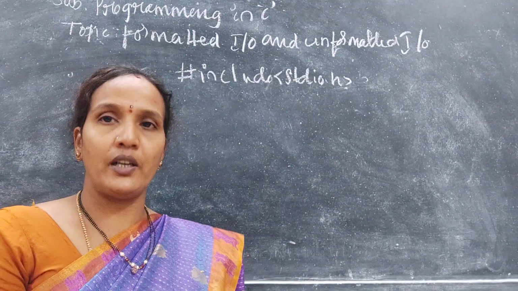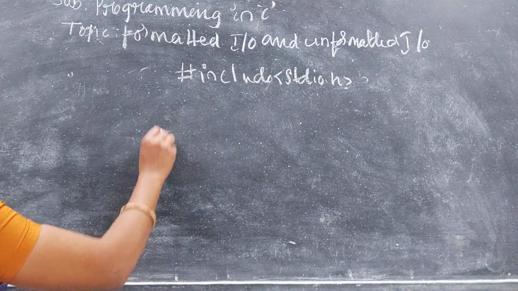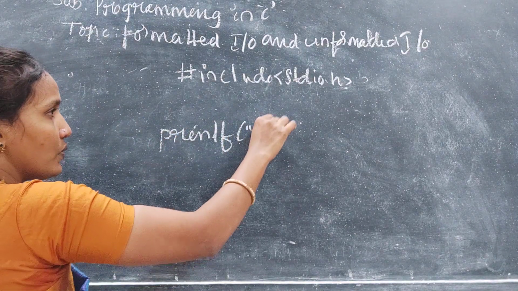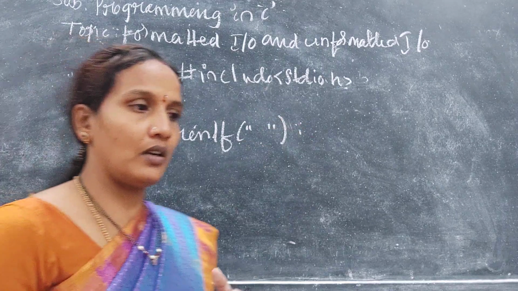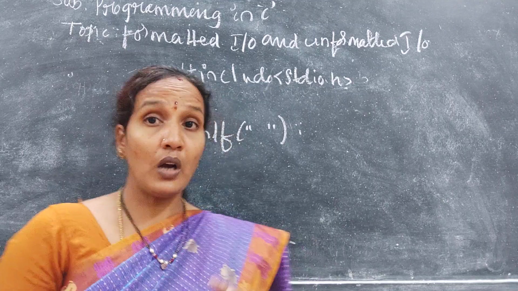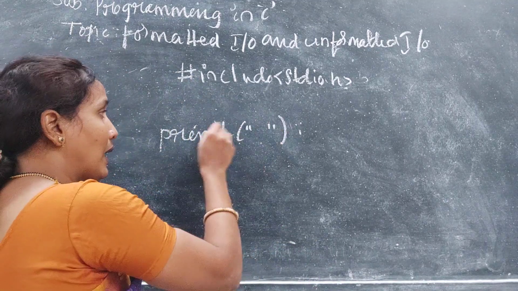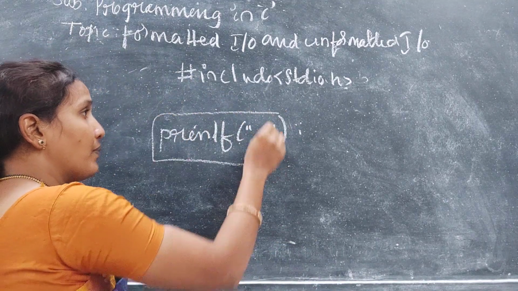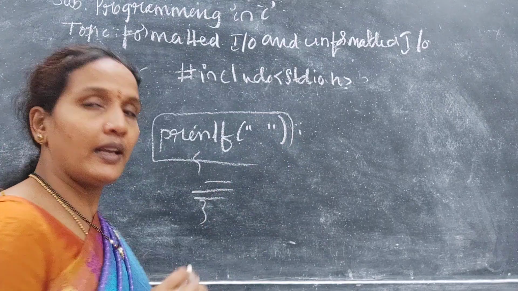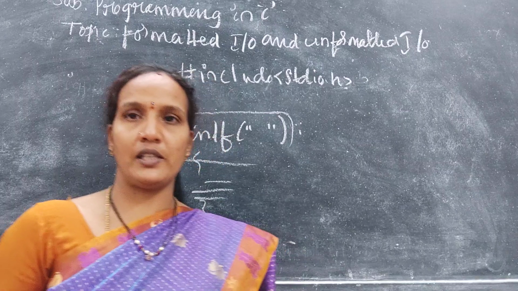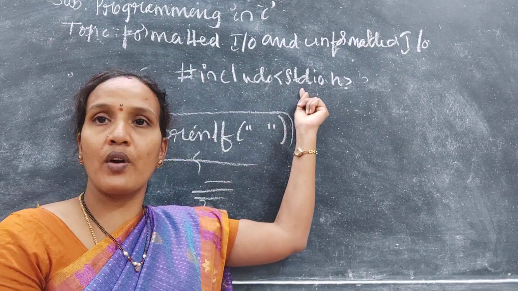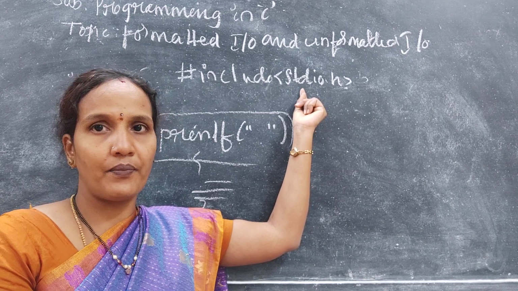What is the use of this header file? For example, we have the printf function. It is used to print output on the console, on the output screen. What is the use of this function and what is the body of this function, all the instructions in that function, are stored in this stdio.h header file.